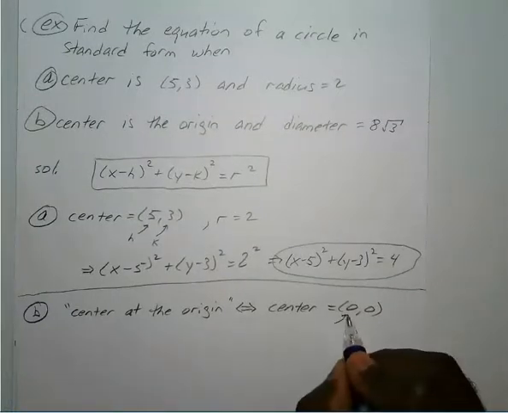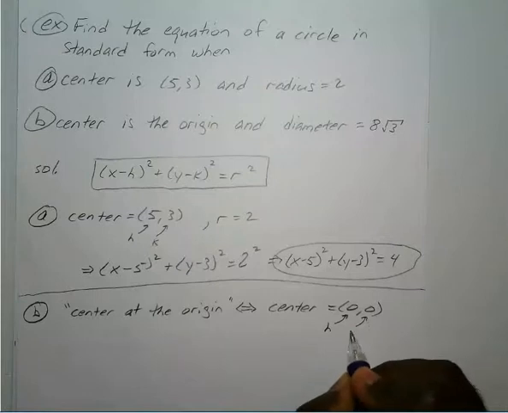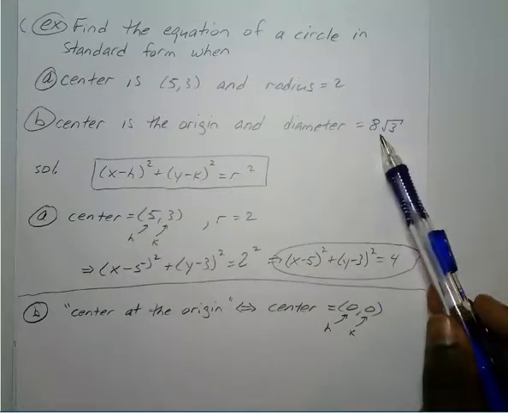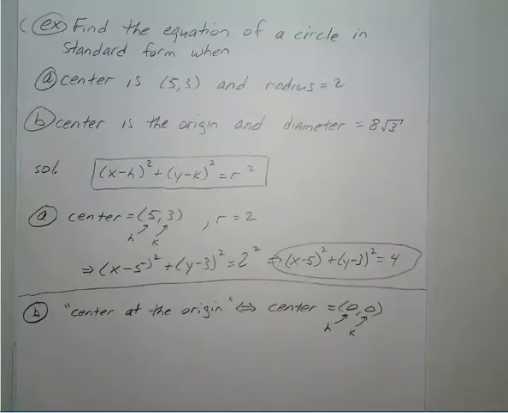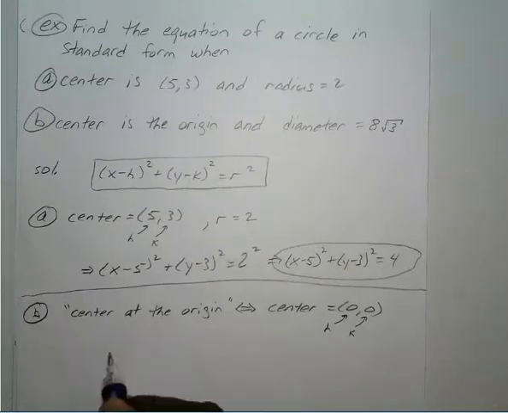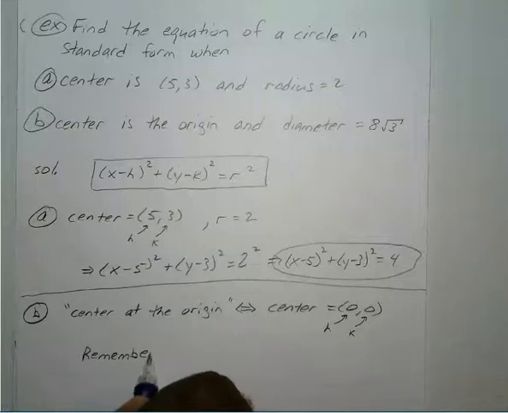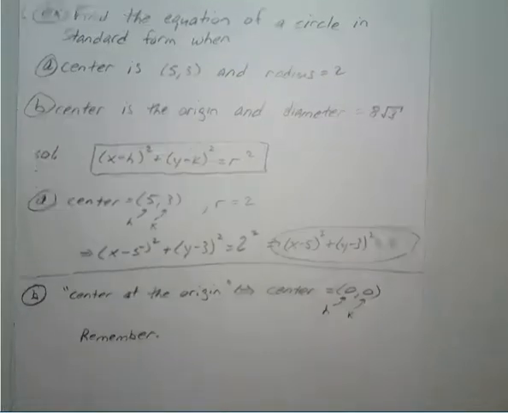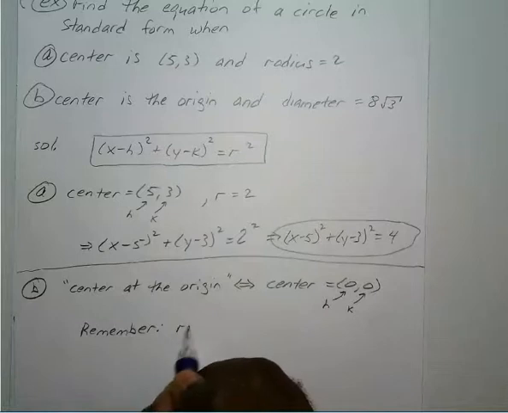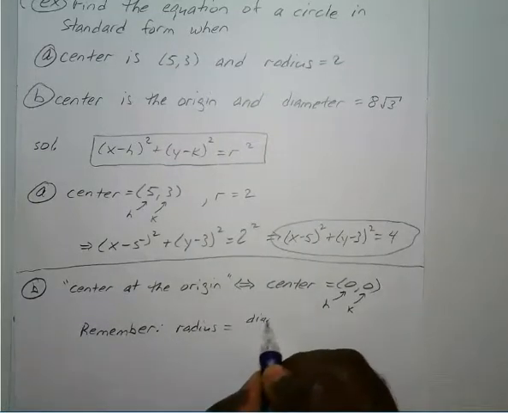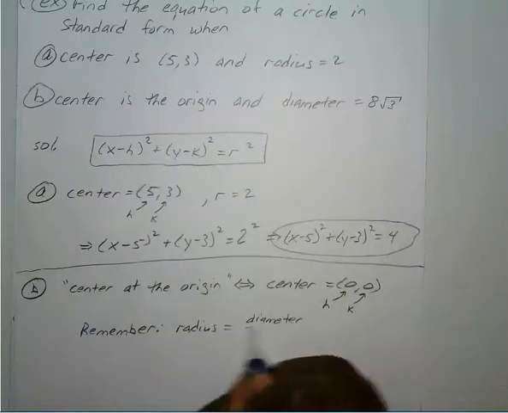Where, of course, that's your h and that's your k. Now on this one, they gave you the diameter, so we have to kind of go back a little bit. So if you remember, your radius is equal to your diameter divided by 2.